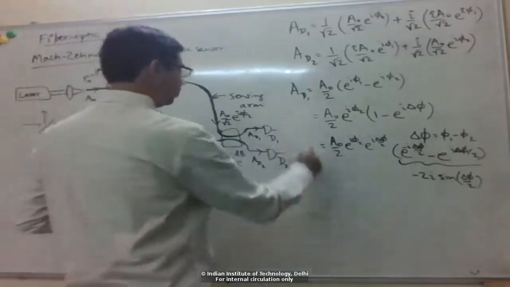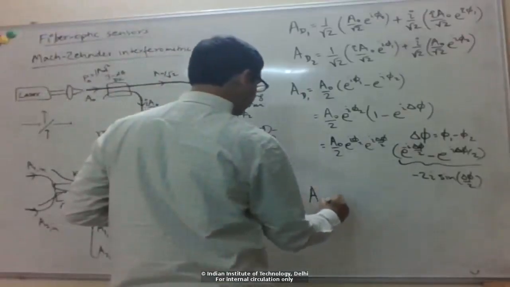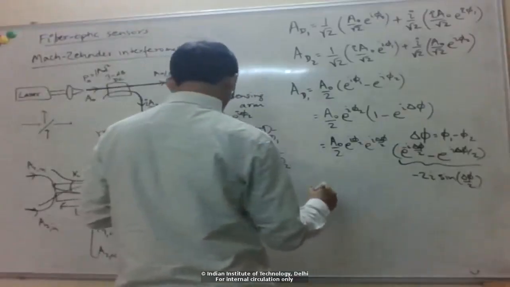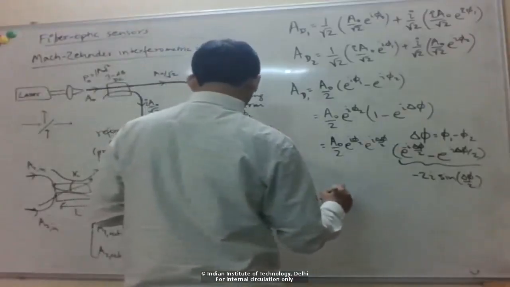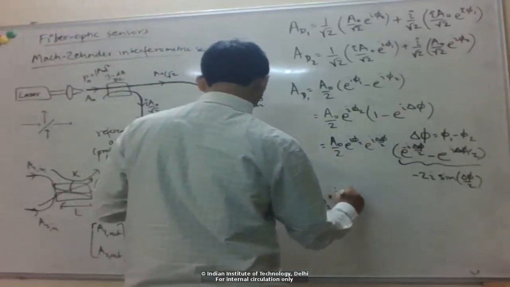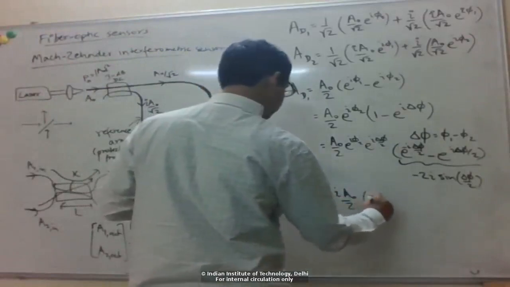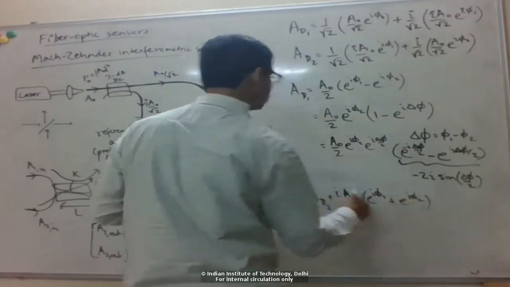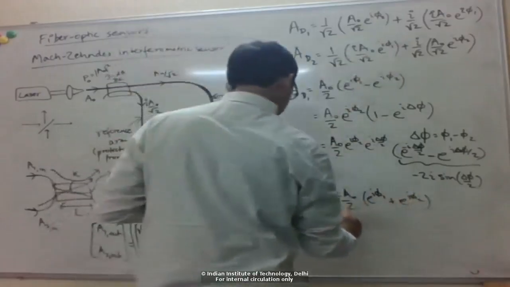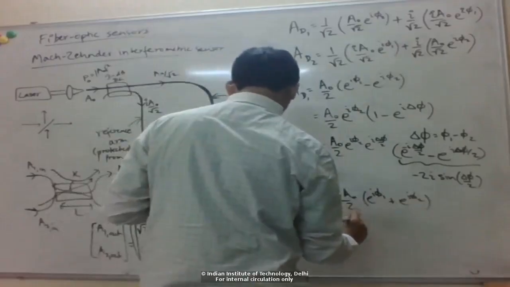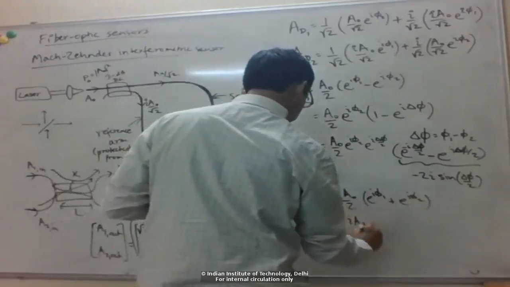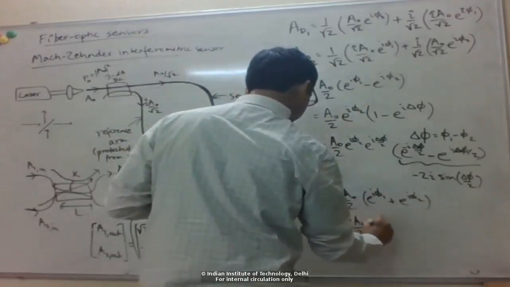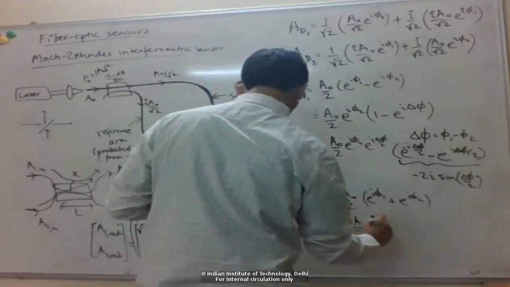Similarly for the second detector, basically we get this e to the i phi 1 plus e to the i phi 2. So again I can take e to the i phi 2 common.